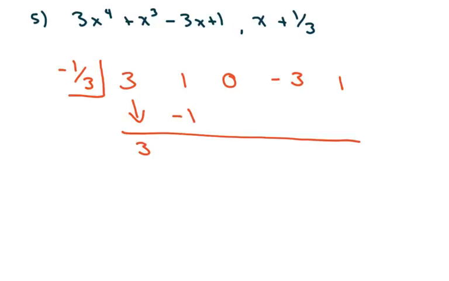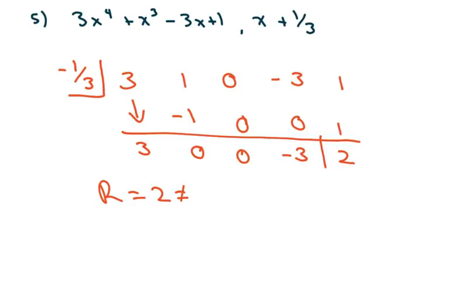And then you add, multiply, add, multiply, add, multiply. Okay, where are we? Let's see, multiply and add, and you get a 2 here. So the remainder equals 2, which does not equal 0. So x plus 1/3 is not a factor.